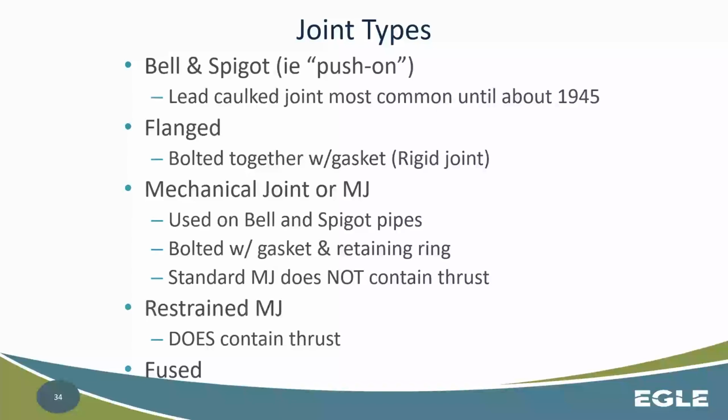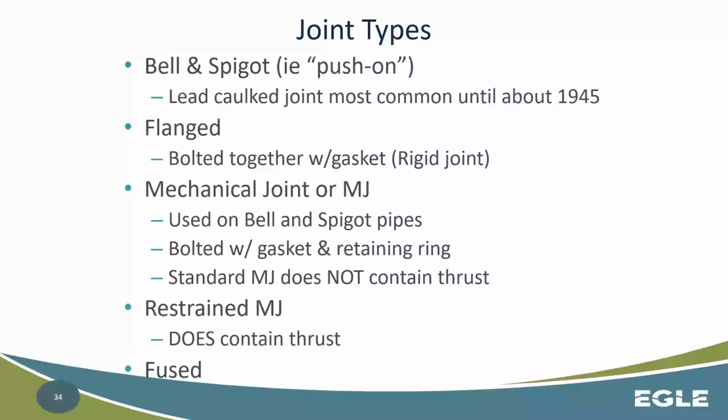Mechanical joint, or MJ, used on bell and spigot pipes, right? They're bolted with a gasket and retaining ring. Please note the mechanical joints are not meant for containing thrust, okay? The purpose of the mechanical joint is basically just to keep that gasket in place when you're going into those two different pipe ends.